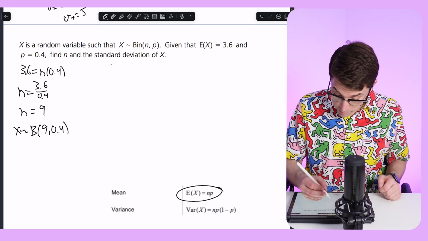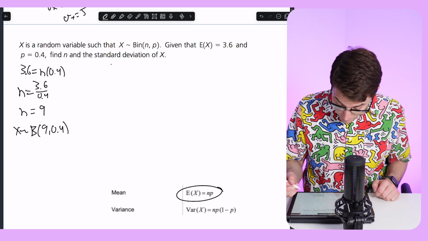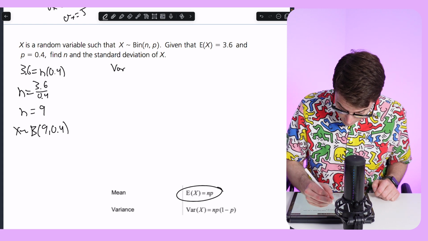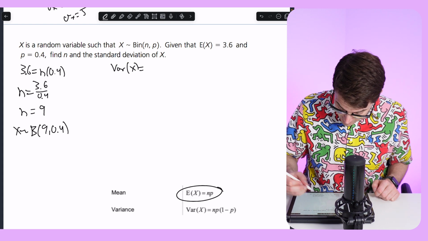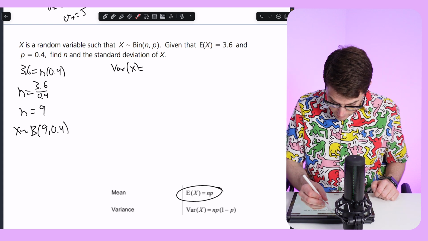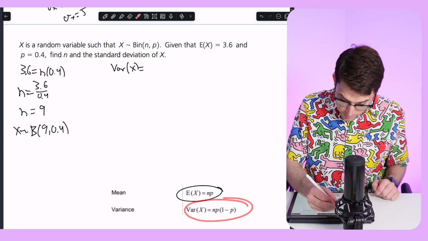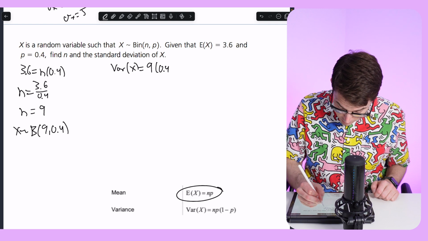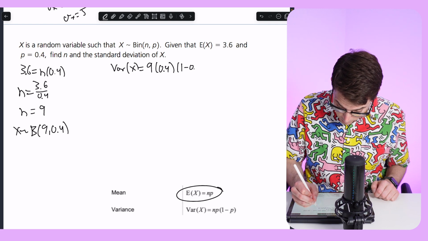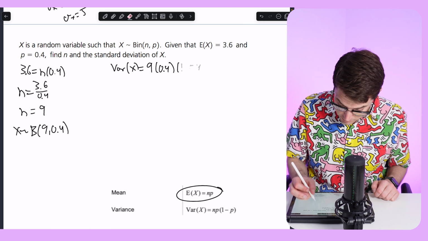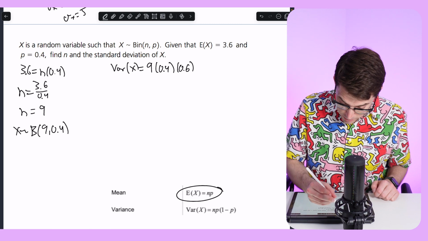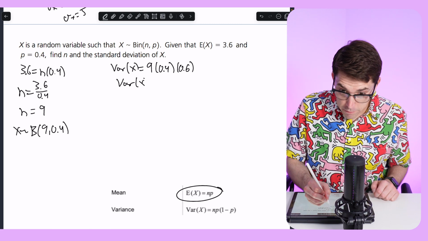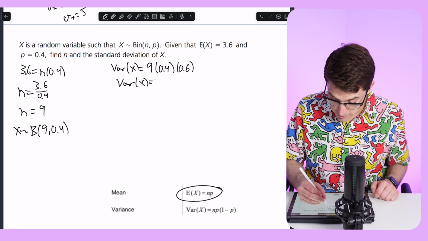Now, what is the variance? Well, the variance formula of X is np times 1 minus p. So n is 9, p is 0.4, and then 1 minus 0.4 is just 0.6. I can put that into my calculator, and I will find that my variance is equal to 2.16.